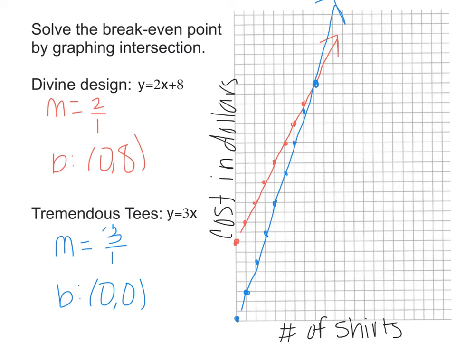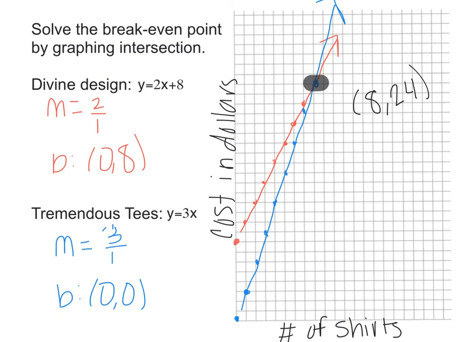Now if we notice, right here is where we have our intersection point. So if we go over and we count 1, 2, our point will be at 8, 24. So that means at 8 shirts, they will both cost $24 at each store.